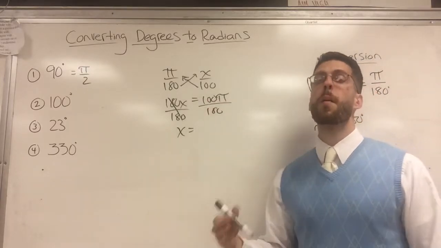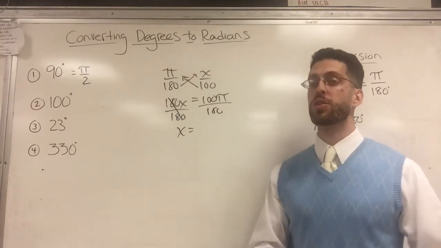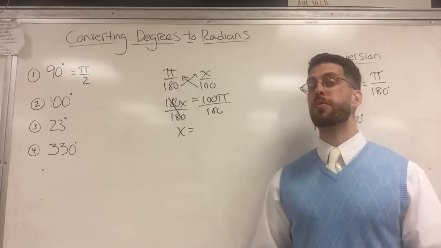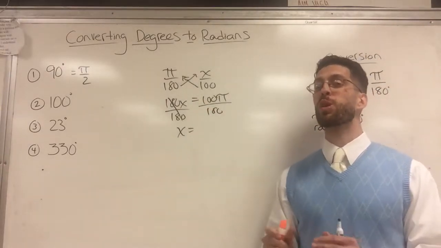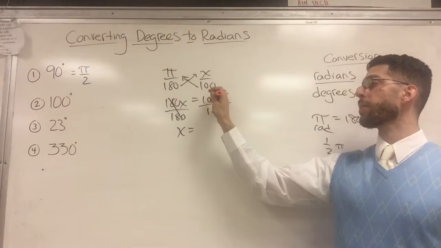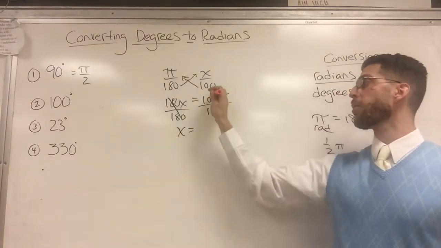And that's it. But of course, like I said earlier, if you went to third grade, you know how to reduce a fraction. So let's try to do that. How do you reduce fractions? You look for the GCF, the greatest common factor. What goes into 100 and 180? I'm not sure. Some people do it the really painfully slow way. They just keep dividing by 2 on top and bottom until they can't go any further. Well, first of all, I'm going to divide by 10, because I know 10 goes into both. How do I know that? They both end in a 0.